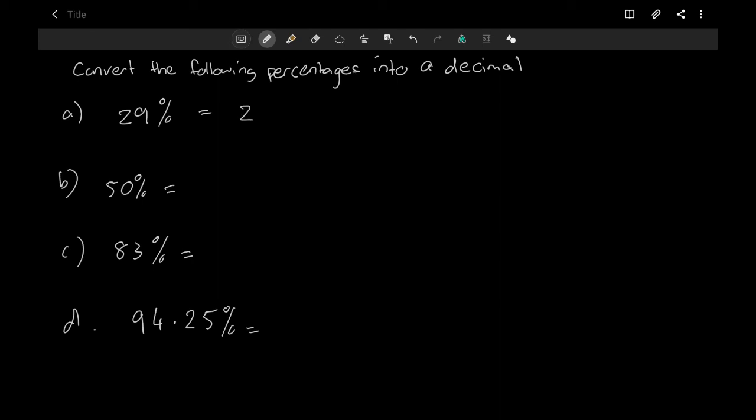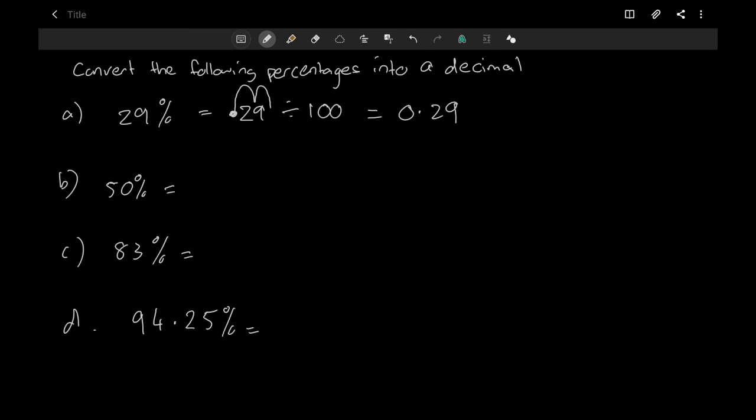We say 29 divided by 100. And as you know, when we divide by 100, we move the decimal point to the left twice. So that would be 1, 2, and the decimal point would lie there. So the answer would be 0.29. So 29% as a decimal is 0.29.